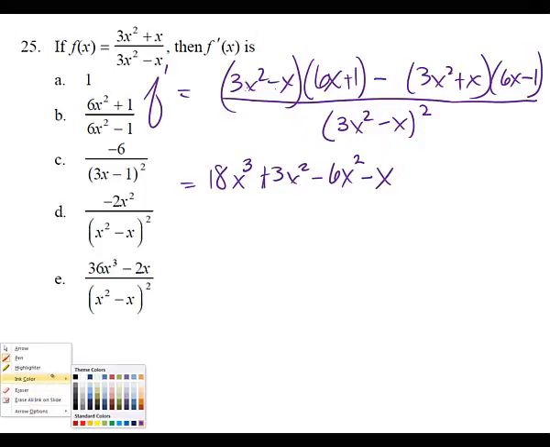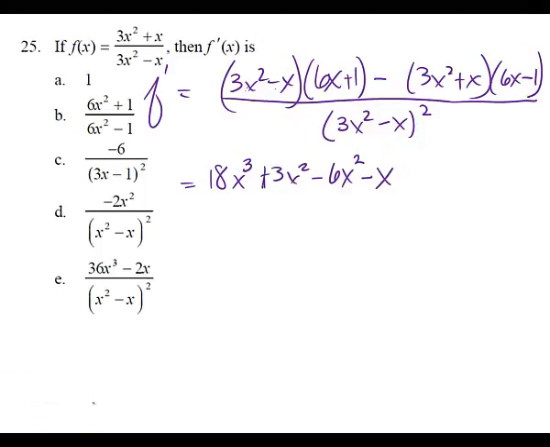I'm going to do something to help us out on this next part here. I'm going to take that negative and distribute it over one of them. You don't need to distribute over both, just one. Okay, so now I can FOIL this back part without having to mess with that negative. So negative 3x squared times 6x is negative 18x cubed.